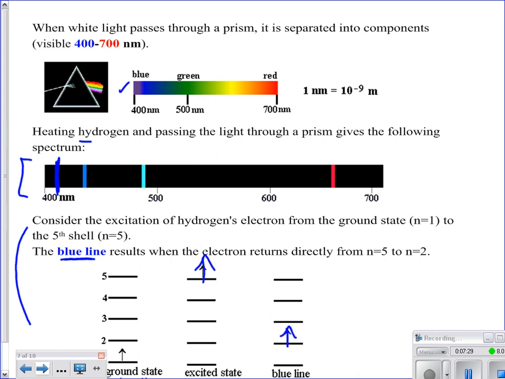And falling down to the 2nd energy level, what happens is that we have a color of blue that is given off in this example. So based upon where it fell from and where it falls to, you get different frequencies that are emitted.